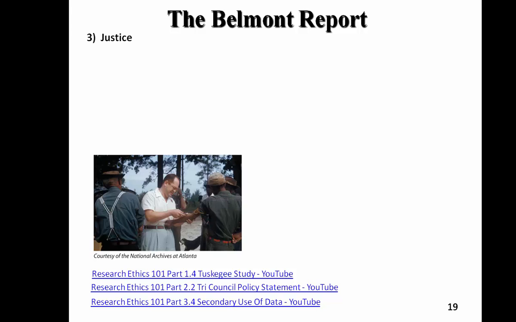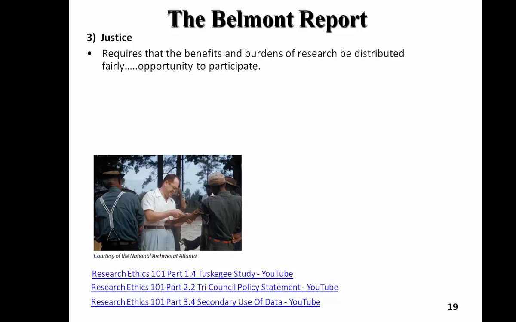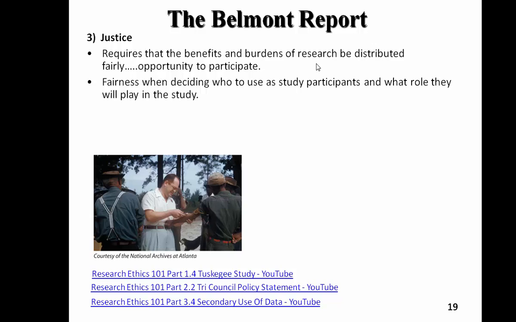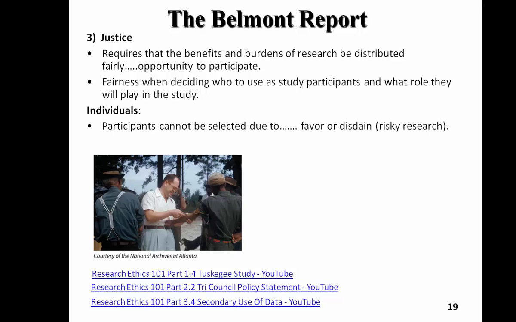The third provision refers to justice, and that refers to the benefits and burdens of research being distributed fairly. That relates to the opportunity for people to serve as participants in a research study, and deals with fairness when deciding who can enter a study and who is not enrolled in a study. Participants cannot be selected due to any favor or disdain.